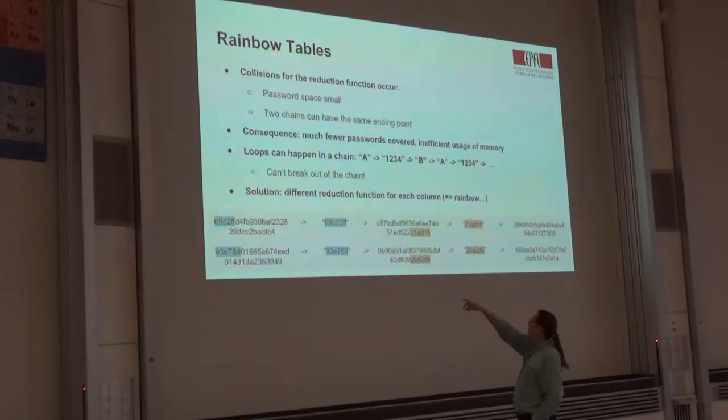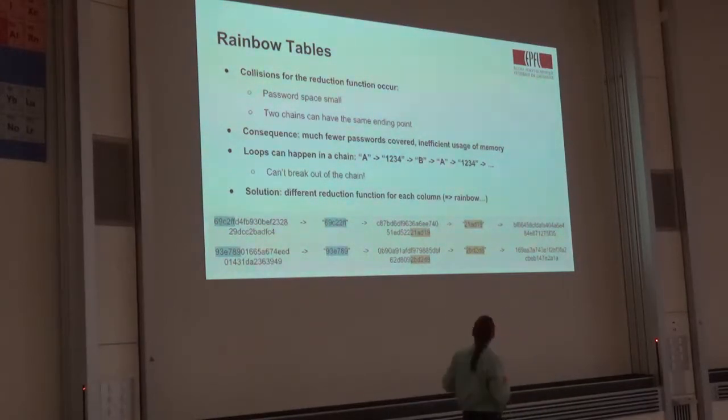And so if we build these rows in the more or less naive fashion, basically using the same hash and the same reducer at each step, if we do get a collision, we can get into cycles where we produce something, and then that eventually leads us around to the same thing, and then the rest of that row becomes useless in terms of exploring the search space further, right?